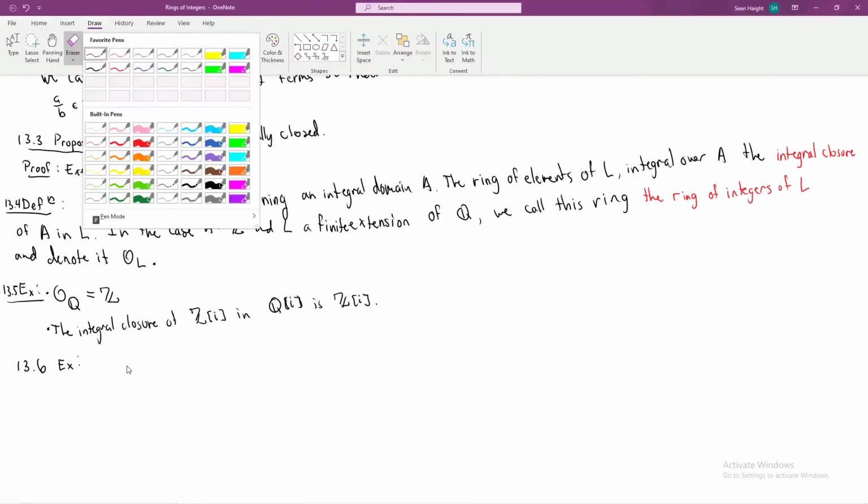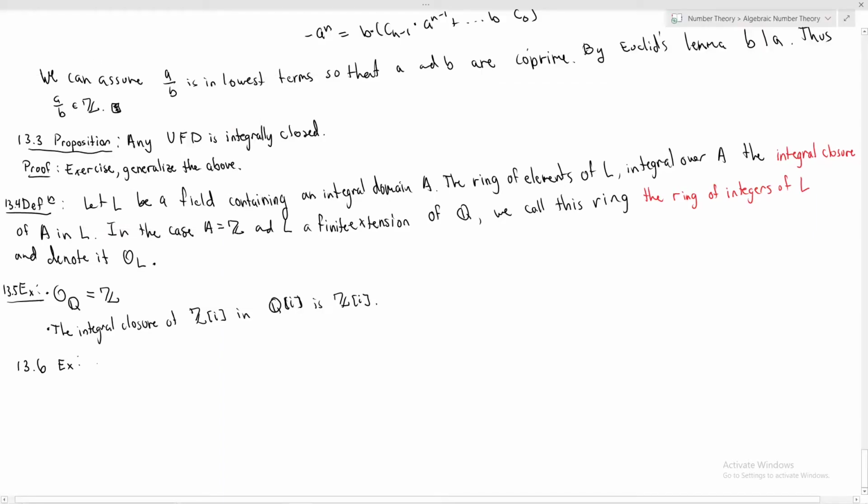So I'm going to let K be a field, and S sub i will be the ith elementary symmetric polynomial in m variables.